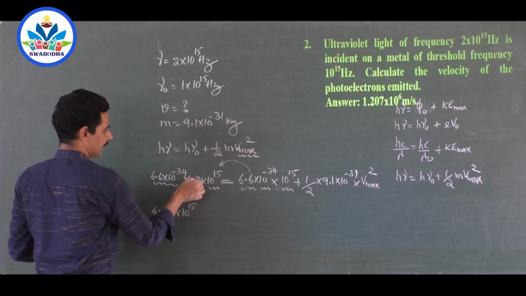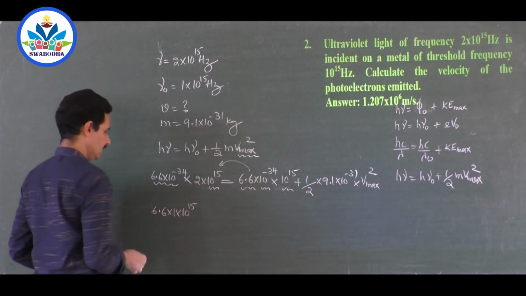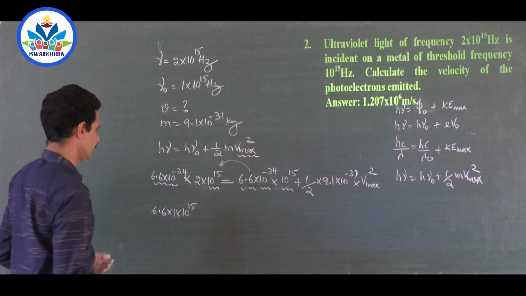Bring this one here, and inside the bracket, 2 minus 1. That's all. So 6.6 into 1 into 10 to the power 15.